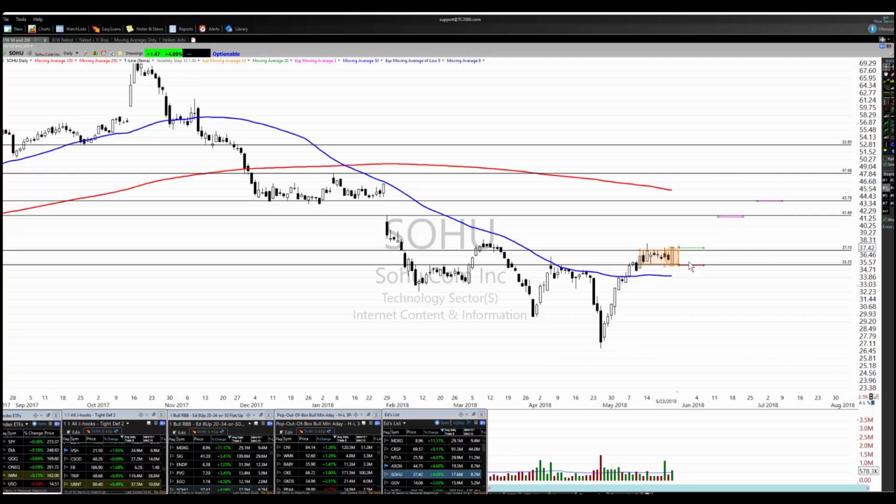So the stop is about 35.25. The entry is about 37.35. The first target is about 41.50, and the second target up here about 43.75.